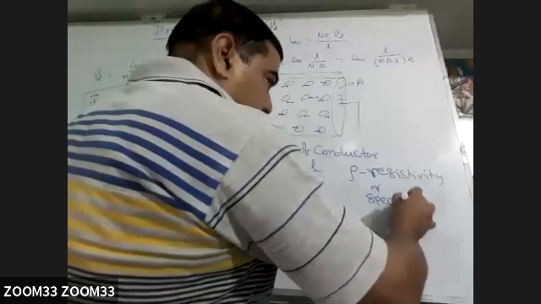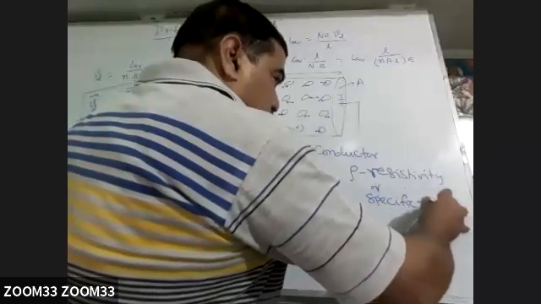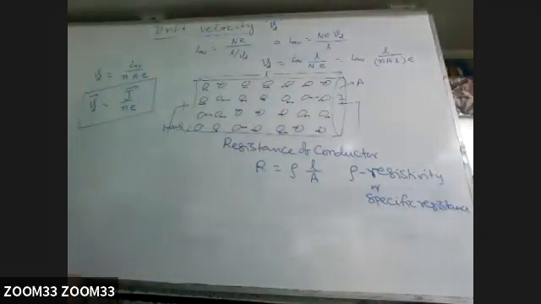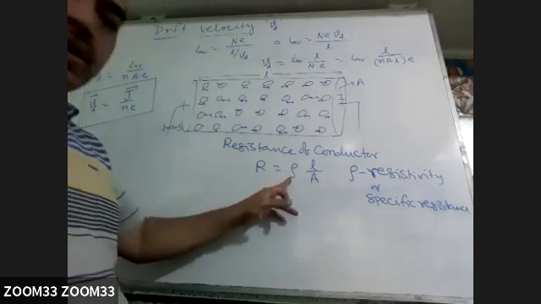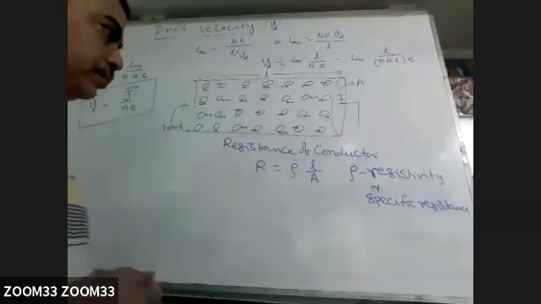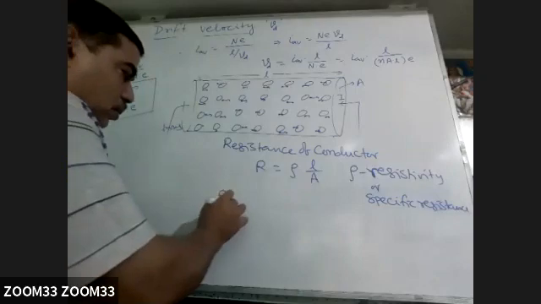So, rho is resistivity or specific resistance. This will depend only on the nature of material and temperature also.